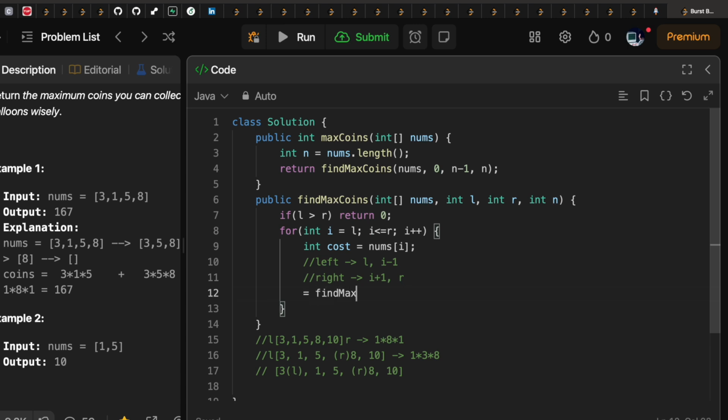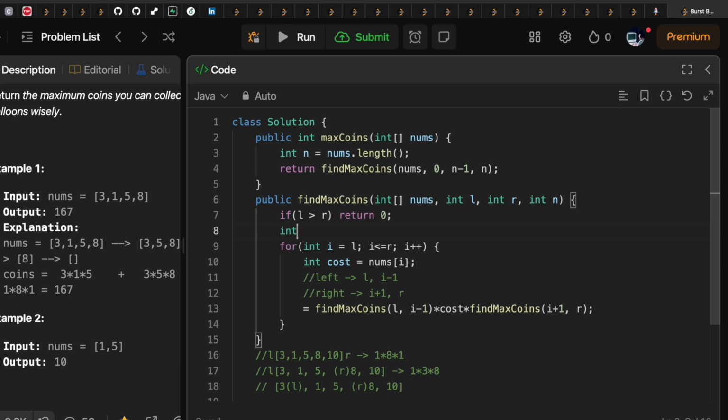So what can be our cost? It can be the cost of this part and our current cost, and the cost of the right part, i plus 1, and this is the ith cost. Let's say we have a total cost of integer dot minimum value.